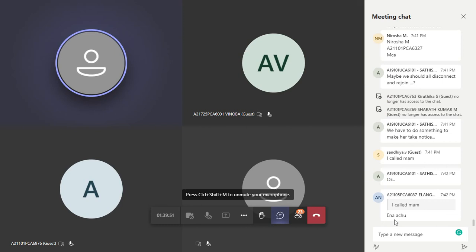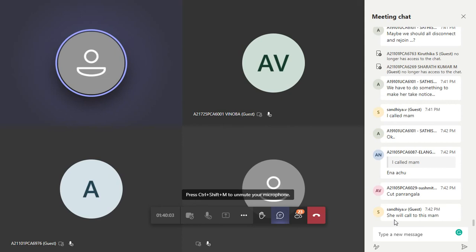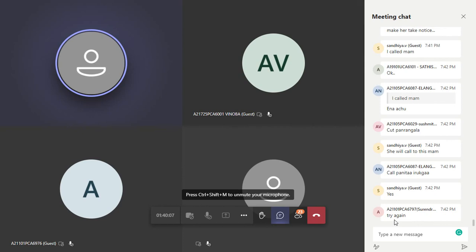A1, A2, 0 plus 1. A combination of RAID 1 and RAID 0. Here A1, A2, A3, A4, A5, A6. That will be mirrored. A1, A2.